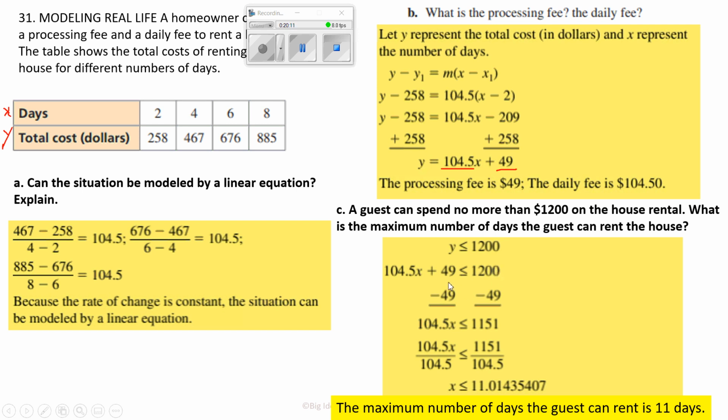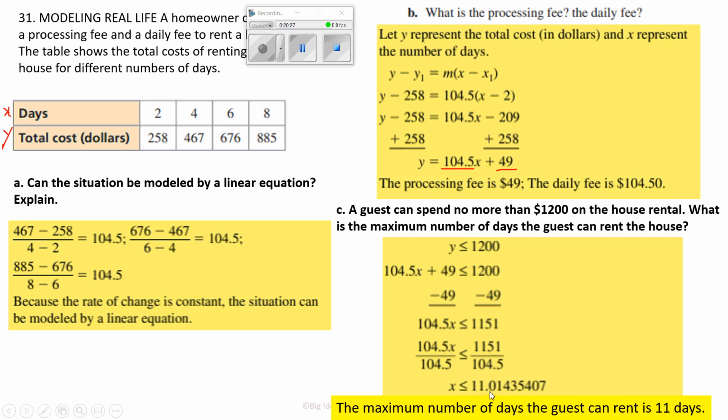To isolate my variable, I'll subtract 49 from both sides, leaving me with 104.5x is less than or equal to 1,151. Then I'll divide 104.5 away from x, which means I'll divide it from 1,151.